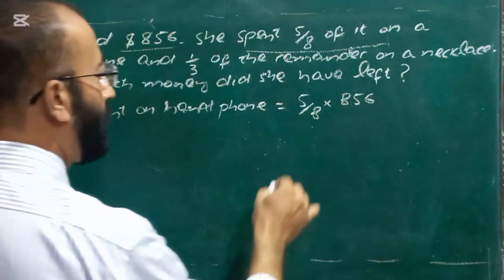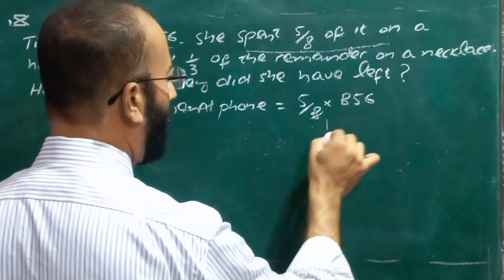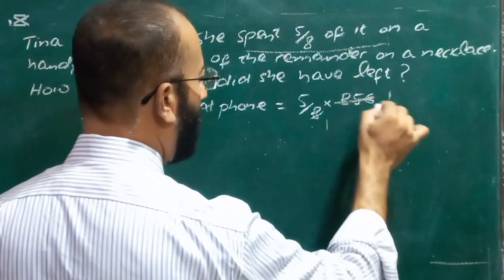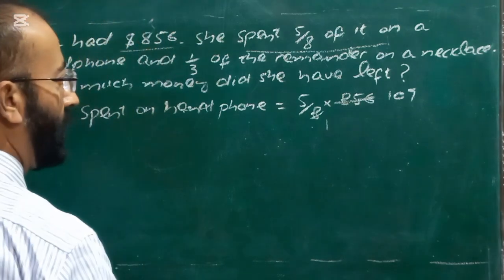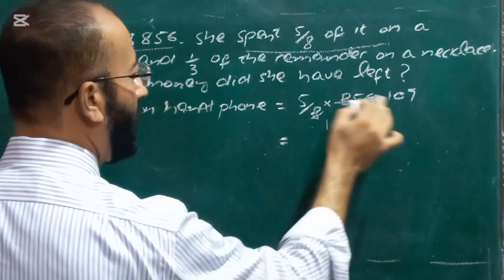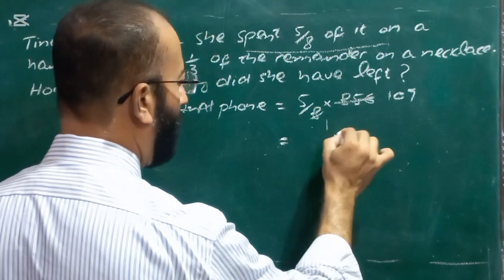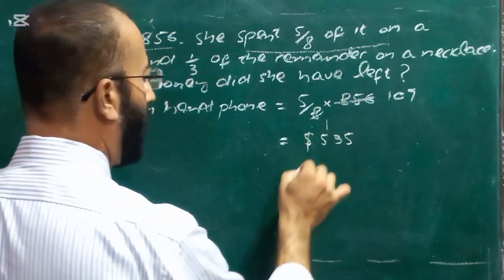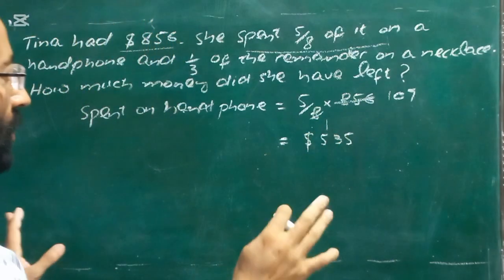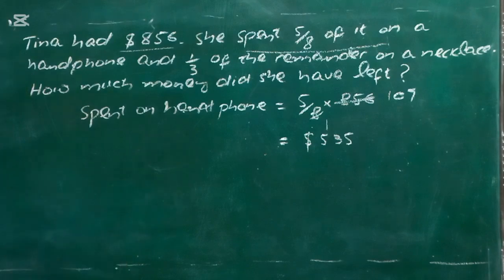So now cancellation will be there. 8 ones are 8, and 8 sevens are 56. And now multiply these two values. 5 sevens are 35 and 5 ones are 5. So this is the money that is spent on handphone.